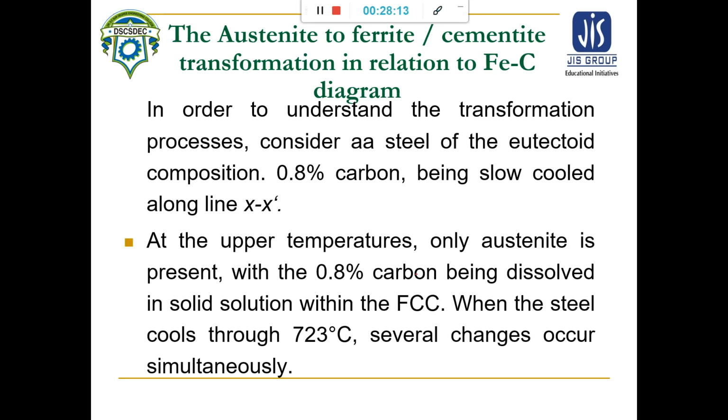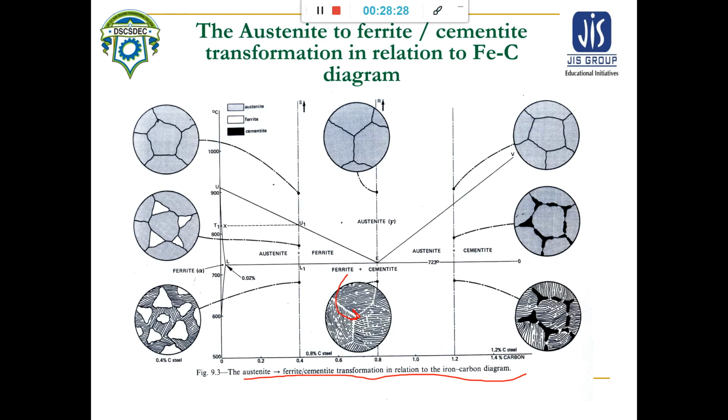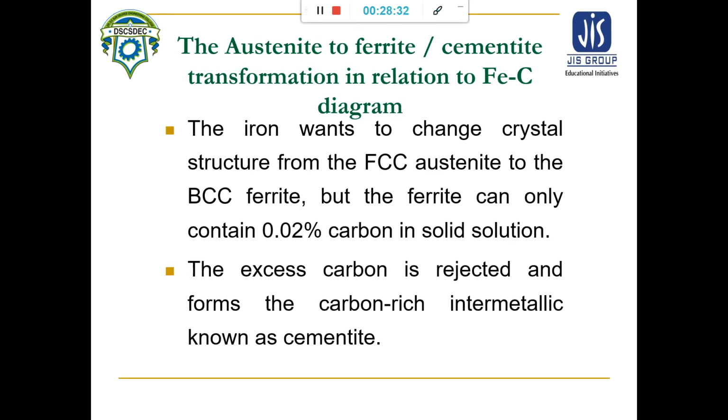In order to understand the transformation process, let us consider a steel of eutectoid composition, 0.8% carbon, being cooled along the XX line.